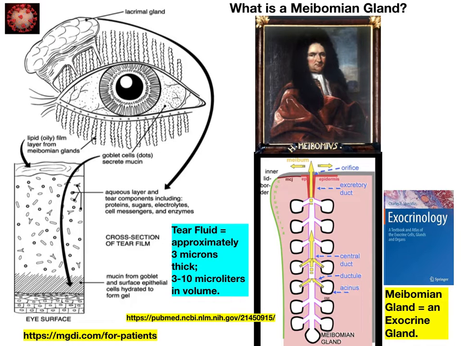So tear fluid and the oily film that prevents tear fluid evaporation are very important for resisting microbial infections, particularly airborne microbes, bacteria and viruses, and fungal spores that frequently land on the ocular surface.